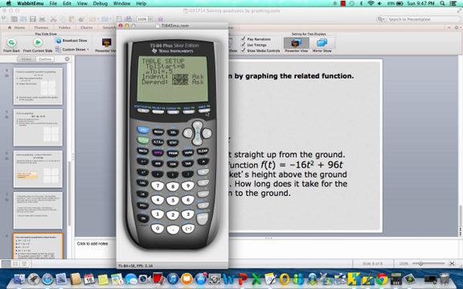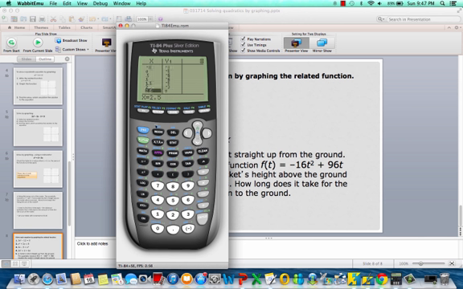So going back to my table, notice I have a 0 here at 2.5, but I've not yet gotten to 0. So there is my other 0. So the zeros for this graph, and I'll go back to my graph, are at -1 and 2.5.